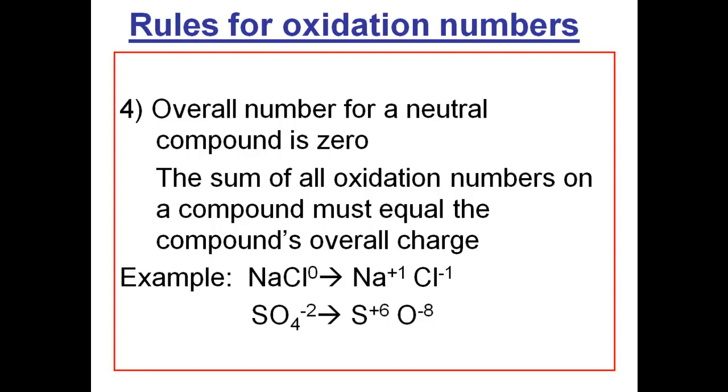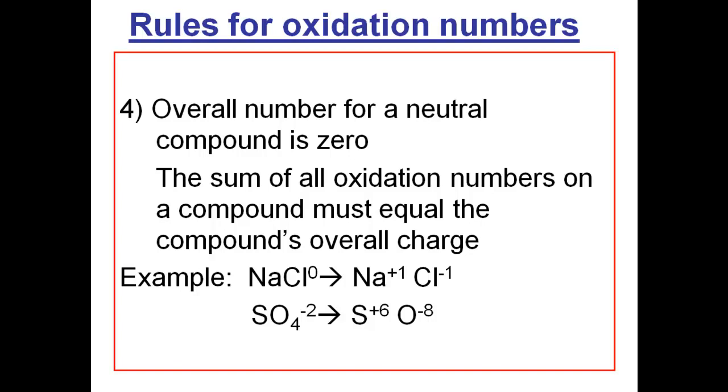If you look at the sulfate ion, SO4 2-, and I told you to determine the oxidation numbers of the sulfur and the oxygen in this ion, sulfur has a +6. Well, how do we know that? Oxygen always has a -2 charge. There are 4 oxygens in the sulfate ion.